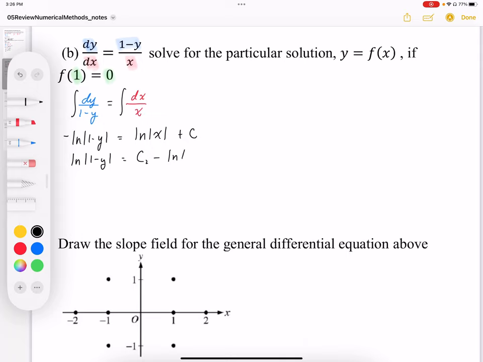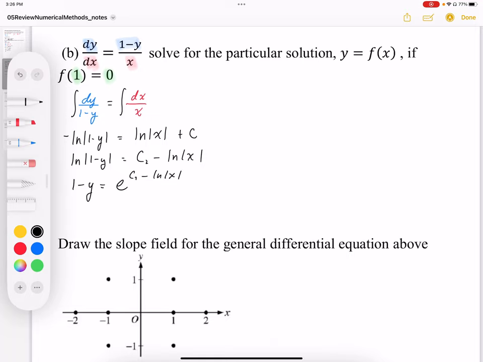I could make that negative c, but there's no point having an extra negative when it's just a constant. And I can put this into an exponential function and deal with that c. There's different ways I can do this. So one way is to put it to an exponent. So I get 1 minus y is equal to e to the c minus log x.